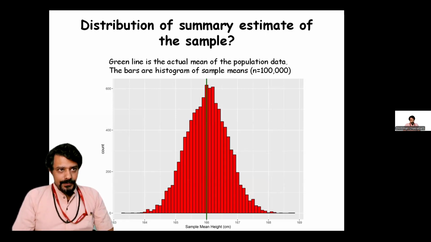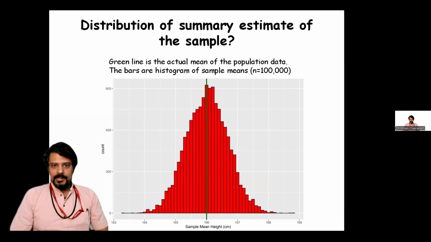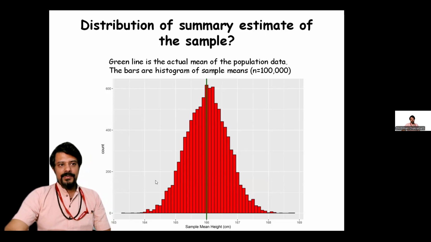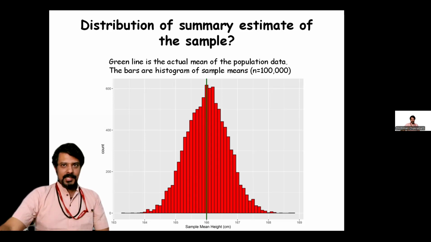Now that I have generated these 1 lakh samples of n equal to 20, I calculated the mean height of each of those samples, and I have plotted that as a histogram in this figure. The mean height of the population was 166, and you can see that that is where the maximum number of sample means is.